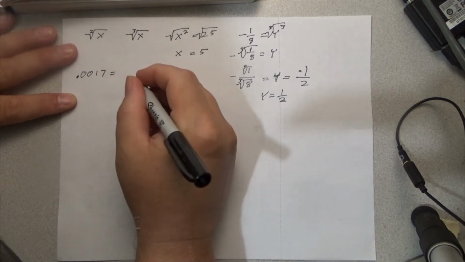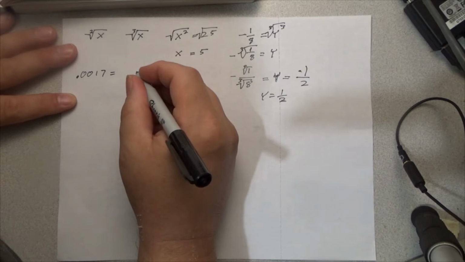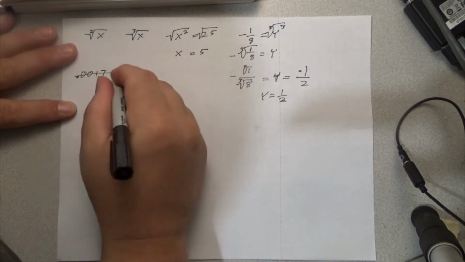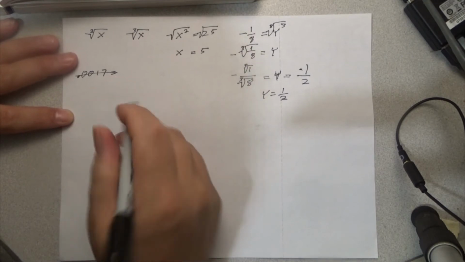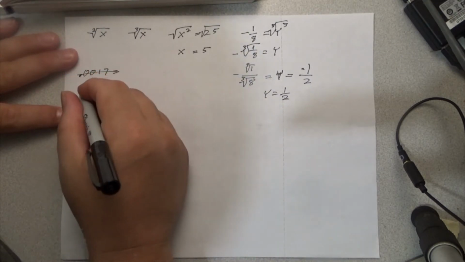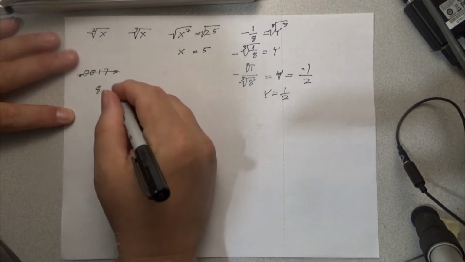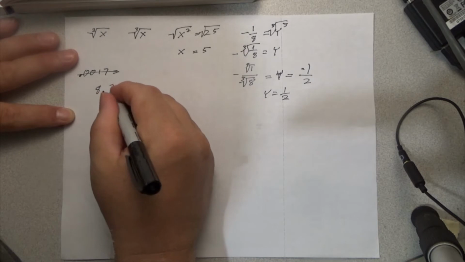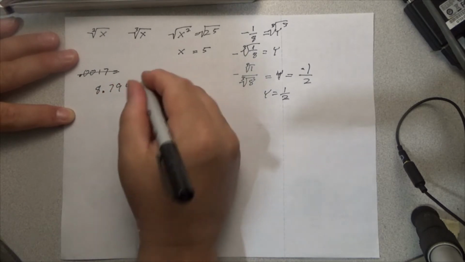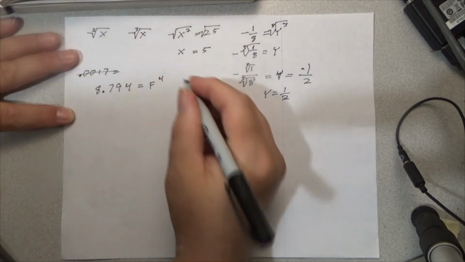Oh, that wasn't the one. I wanted 33, not 30. Yeah, that's a fourth root. So 33, sorry about that, 8.794 is equal to f raised to the fourth power.